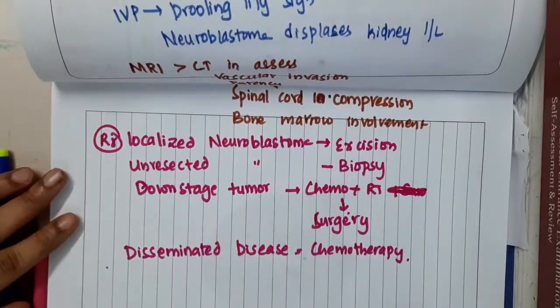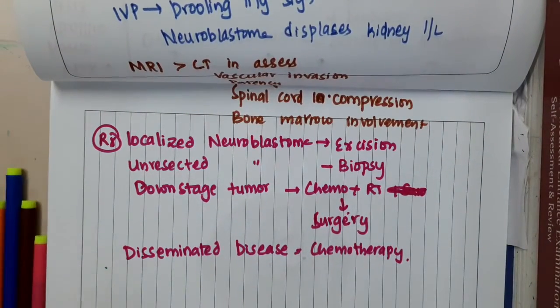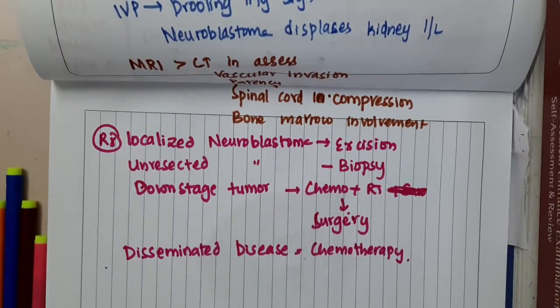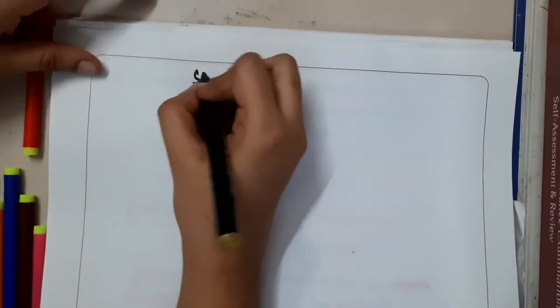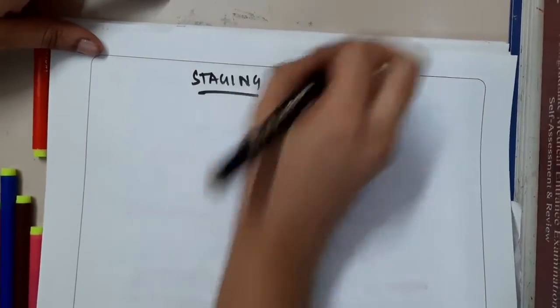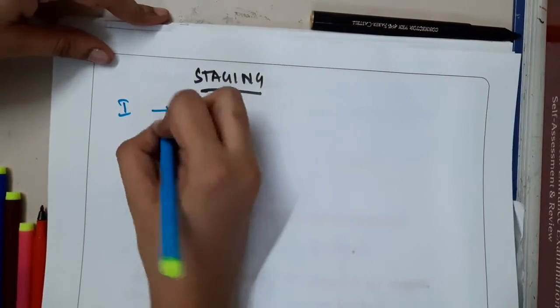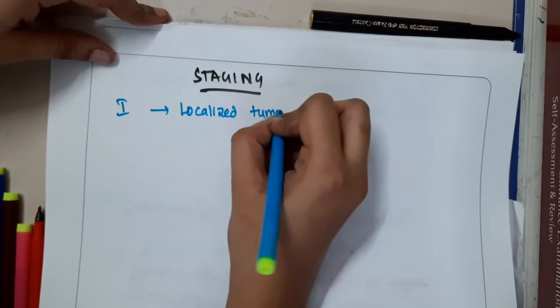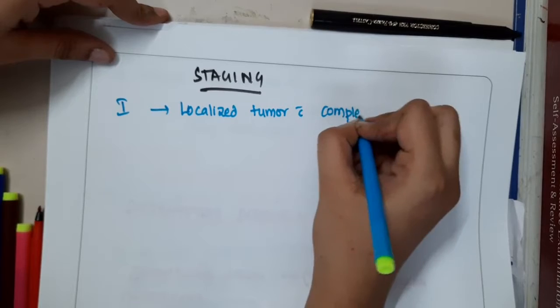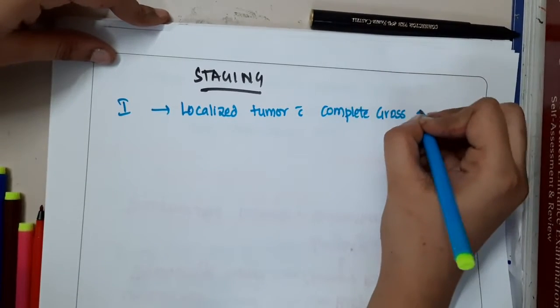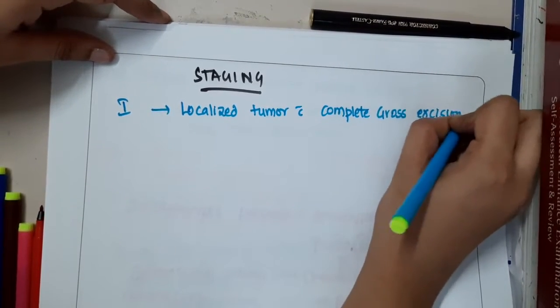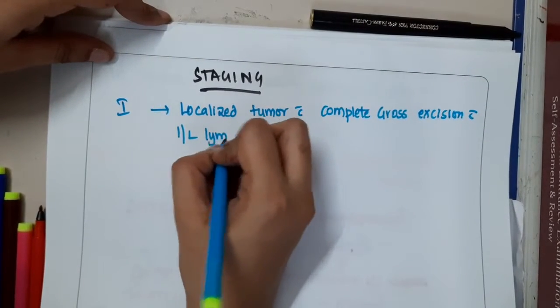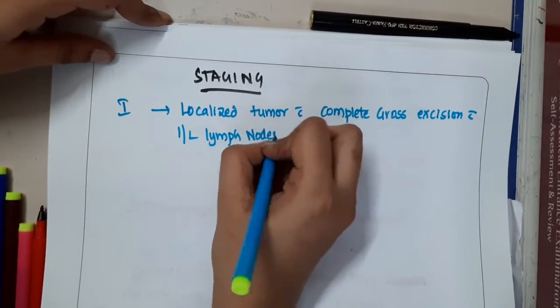Now we will have to learn about the staging of the disease. Staging of neuroblastoma can be divided into the following stages. First we have stage 1. Stage 1 is a localized tumor with complete gross excision, with ipsilateral lymph nodes being negative.